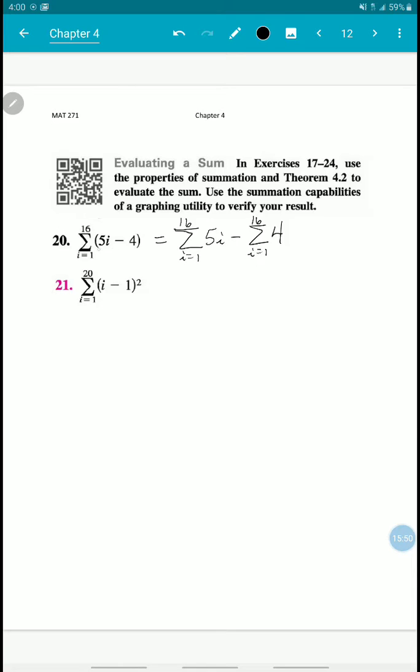Because we could reorder, we could write all this out and group all of the 5i terms together and group all of the 4's together. That's the associative and commutative properties of addition, changing the groupings, changing the order around. And then all of these are going to have a 5 in common, so let's pull that 5 out.